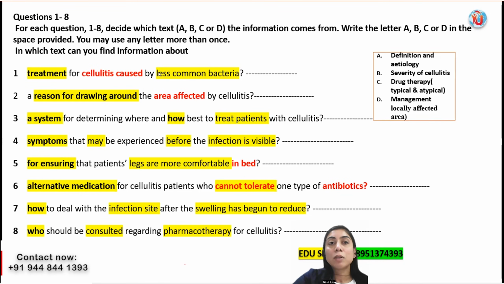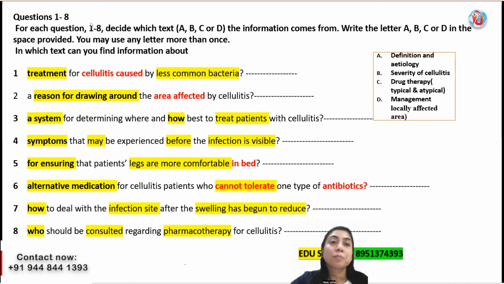Reason for drawing around the affected cellulitis, or system for determining where and how best to treat patients with cellulitis, symptoms that may be experienced before the infection is visible. 5th, for ensuring that patients' legs are more comfortable in bed. So here alternative medication for cellulitis, patients who cannot tolerate one type of antibiotics, how to deal with the infection site after the swelling has begun to reduce, and who should be consulted regarding the pharmacotherapy.